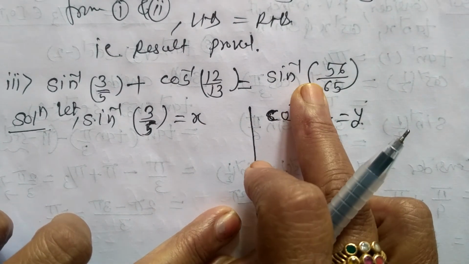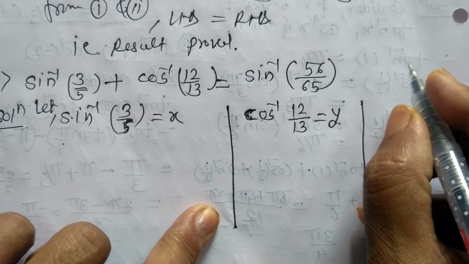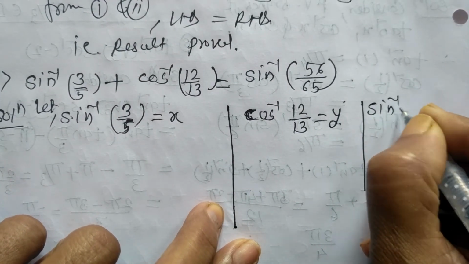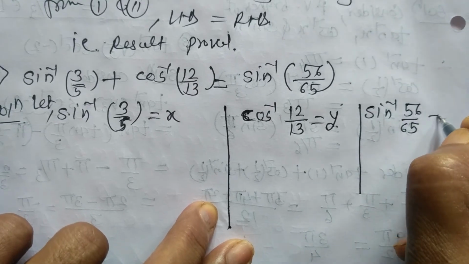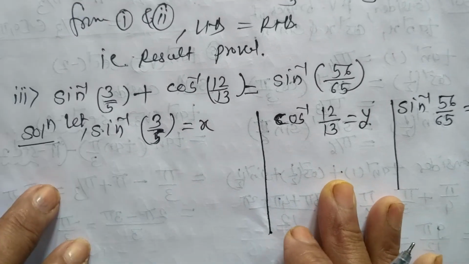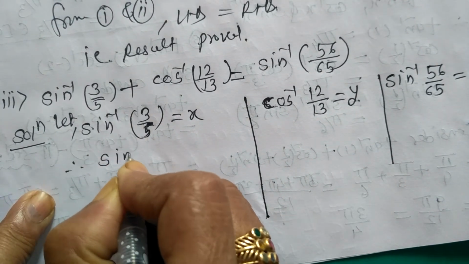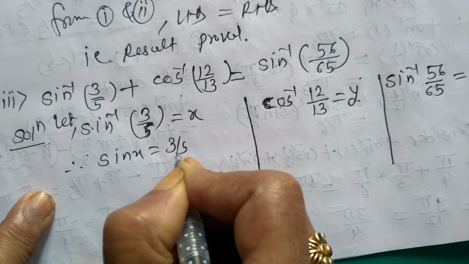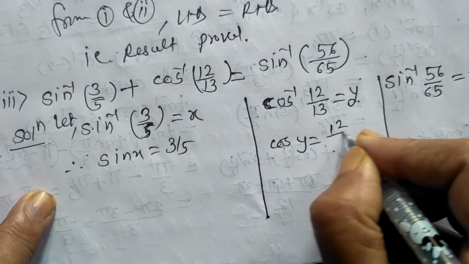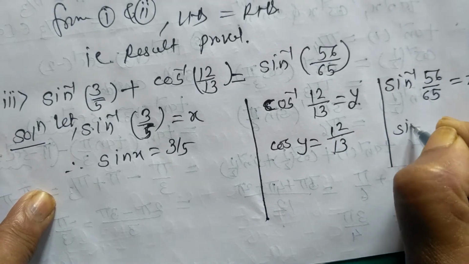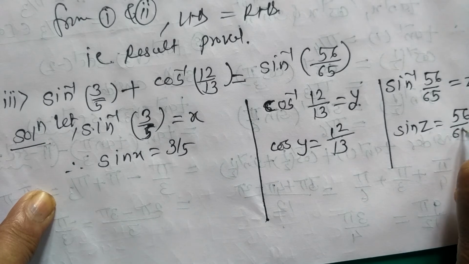Again you may take the third value, sine inverse 56 upon 65, as z. So by using the definition of inverse trigonometric function, we can take sine x is equal to 3 by 5, cos y is equal to 12 by 13, and sine z is equal to 56 by 65.